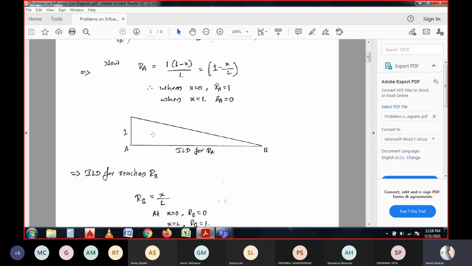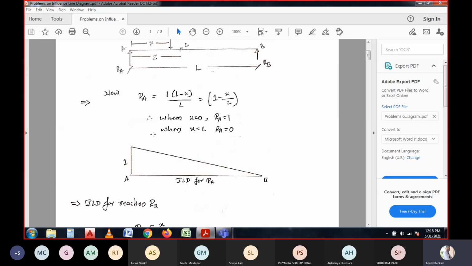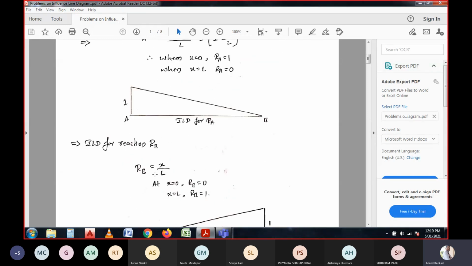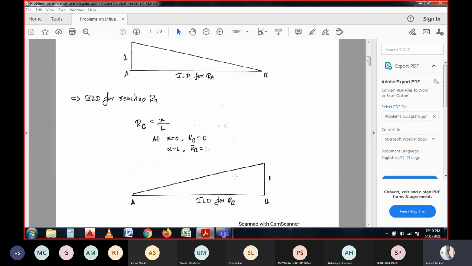The influence line diagrams for particular stresses, the reaction stresses, we can observe in this window. And again we have another one, the reaction at support B, for which we have the influence line diagram, and taking similar triangles we calculate the reaction forces.